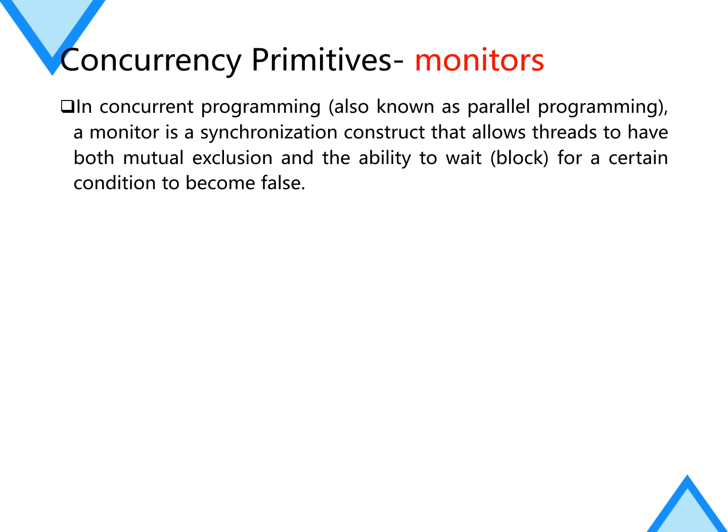Now we are going to discuss monitors in concurrent programming, also known as parallel programming. A monitor is a synchronization construct or a set of operations that allow threads to have both mutual exclusion and the ability to wait for a certain condition to become true. This is a very typical example.